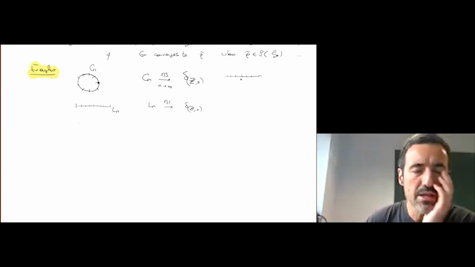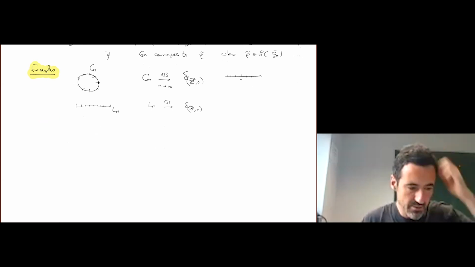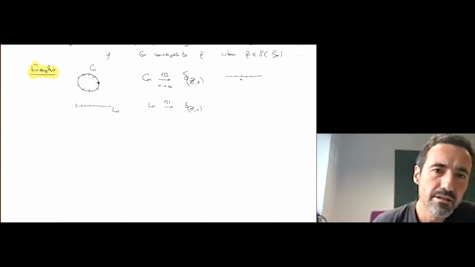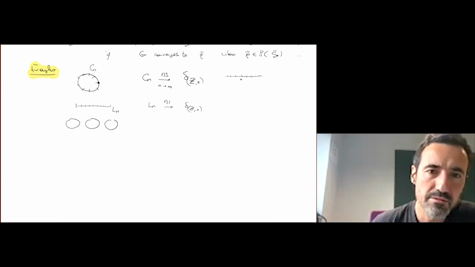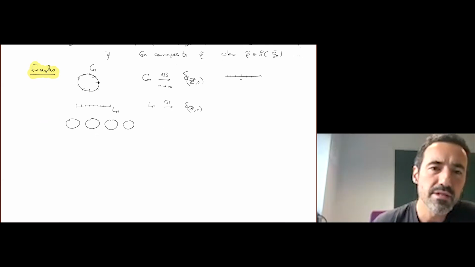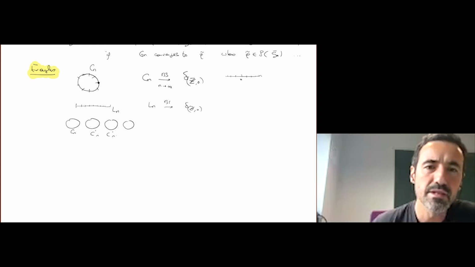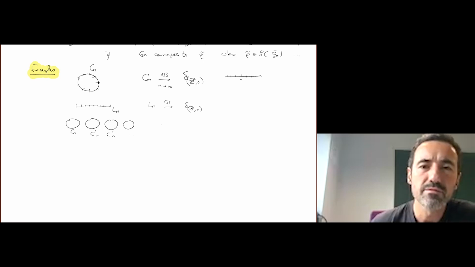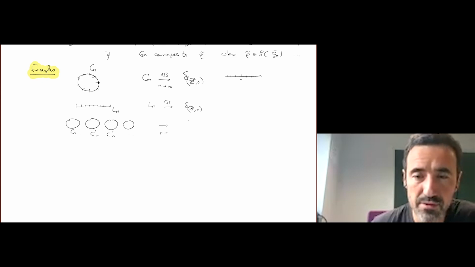The Benjamini-Schramm convergence also does not see the connected components. If you have a disjoint union of cycles, multiple copies of Cn, and the length of each cycle goes to infinity, this will also converge to the Dirac mass at 0.